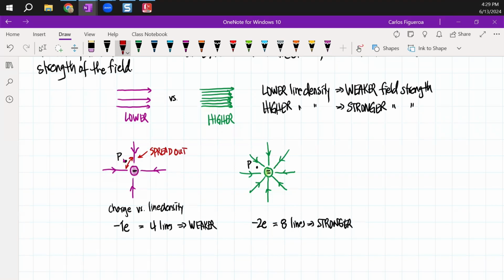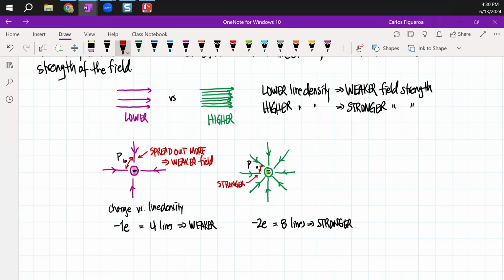This further indicates that it's a weaker field. But if I look at the same distance right here, you could see that that distance is closer. So I have a higher line density. But the thing that's interesting about this, so here we're going to say here is that this guy is stronger here.